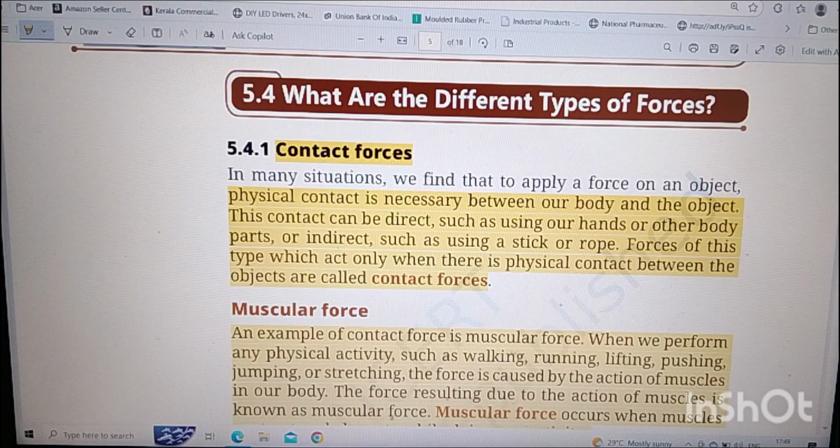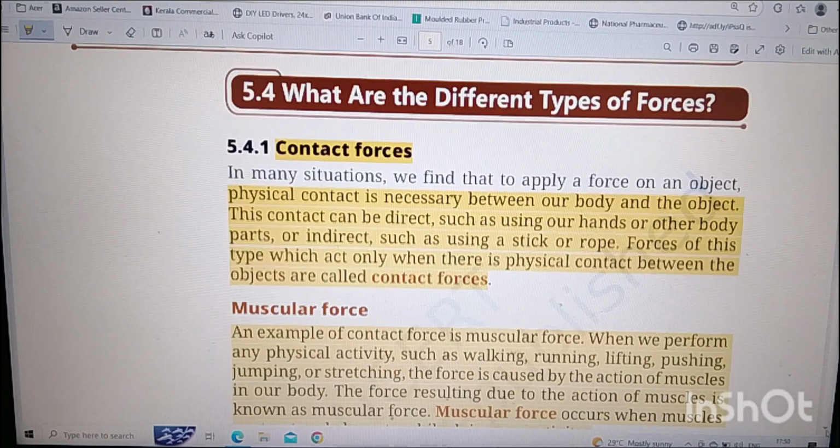We will learn about different types of contact forces. The first one is muscular force. We do several activities using muscles, right? While we are stretching or doing several physical activities like walking, running, lifting, pushing, jumping or stretching, the force is caused by the action of our muscles.